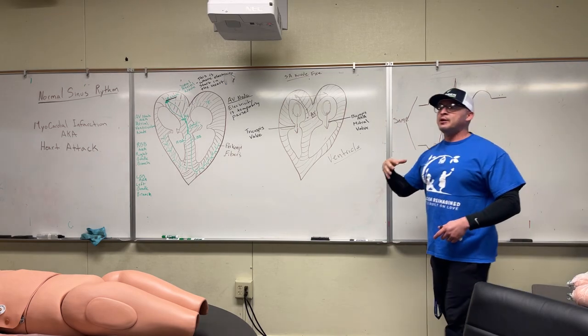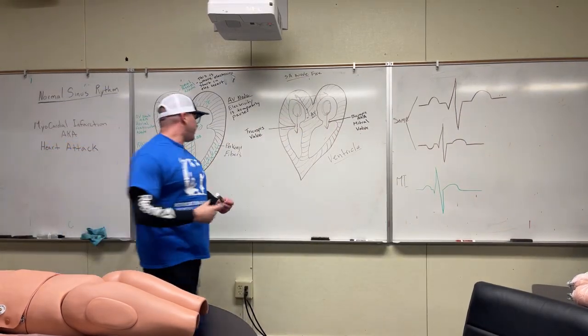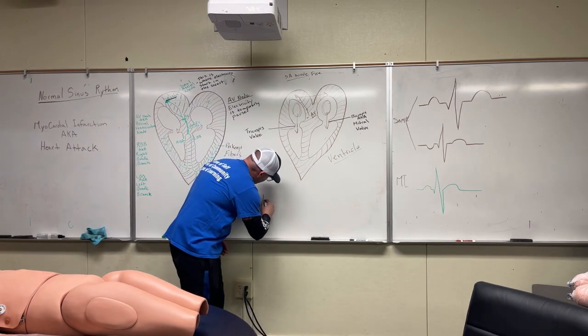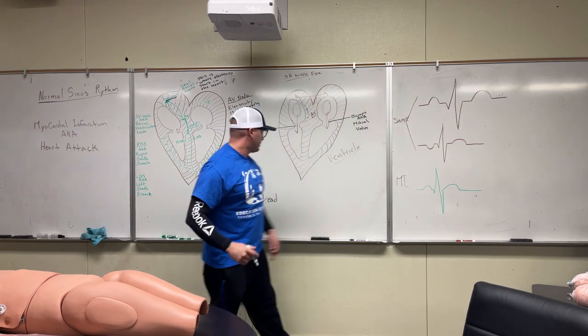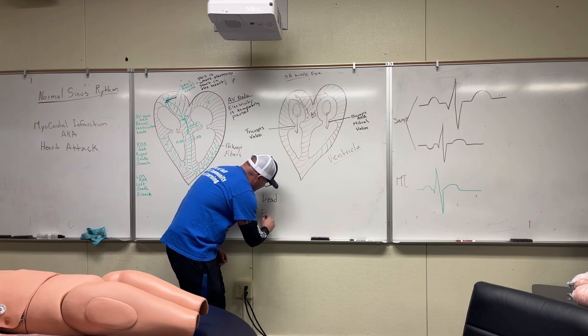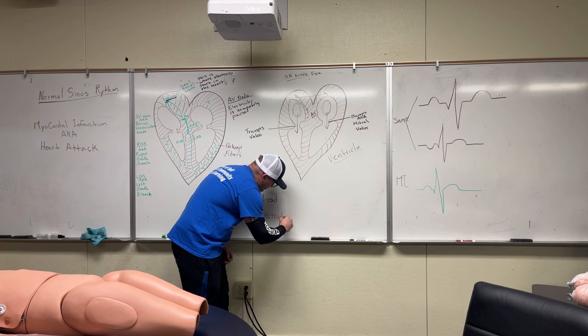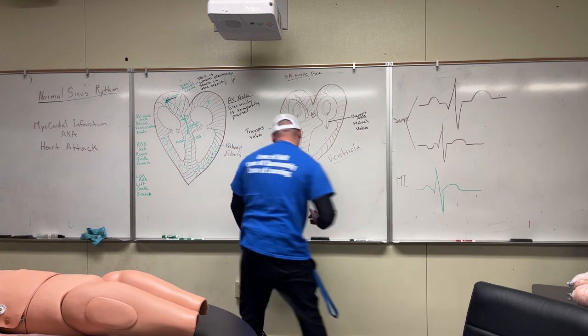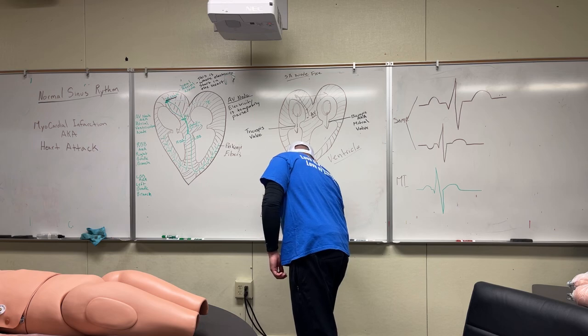So when somebody puts leads on somebody, a lead is this, like what you see, right? Also called a lead. But an electrode, electrodes are the stickies.